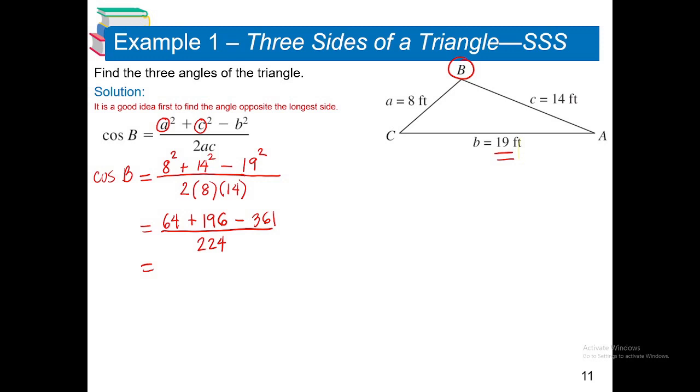Is it positive or negative? Negative 101. Let's write that down: negative 101 over 224.